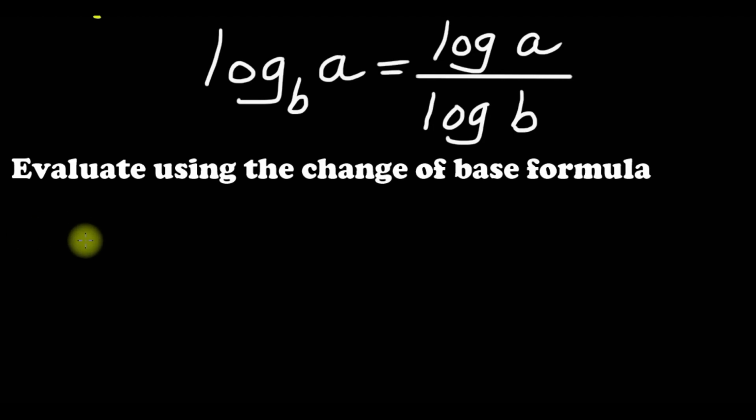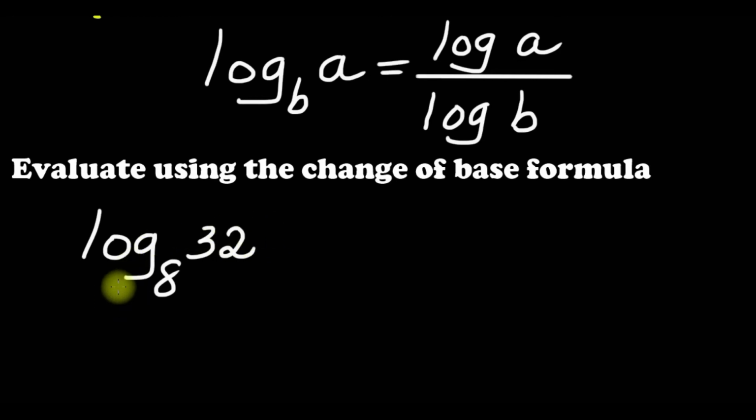So let's take a look at this one. So here you have log base 8 of 32. Okay, so we're going to evaluate this. So we're going to set it equal to x. Okay, so if you were to convert this to exponential form, it would look like this.